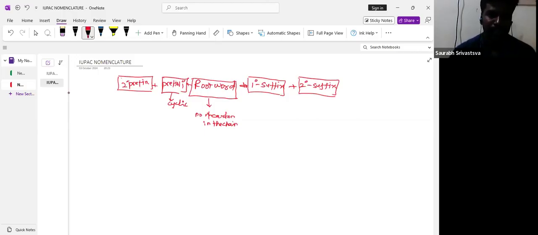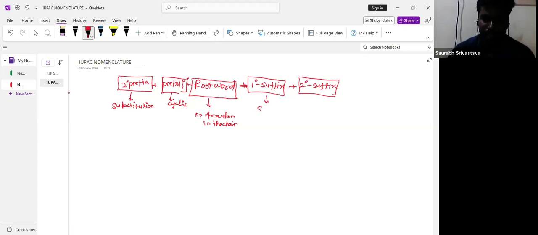Next, the secondary prefix is the substitution. Next, primary suffix means whether the compound is saturated or unsaturated.